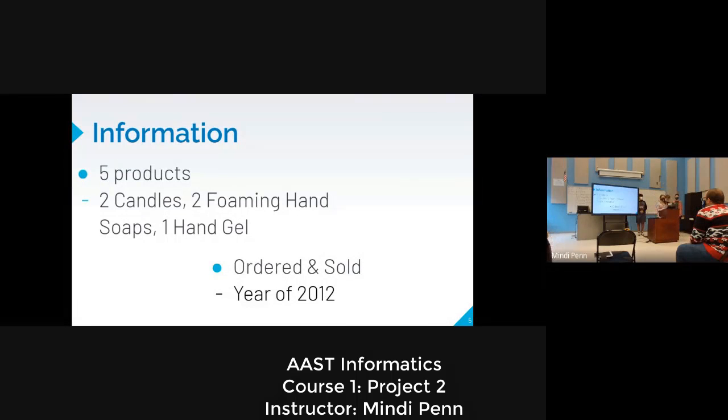The client gave us 5 products, 2 candles, 2 foaming hand soaps, and 1 hand gel, and wanted us to make a decision on which product to discontinue. We got the 2012 inventory data, and we received 5 separate spreadsheets of those products.